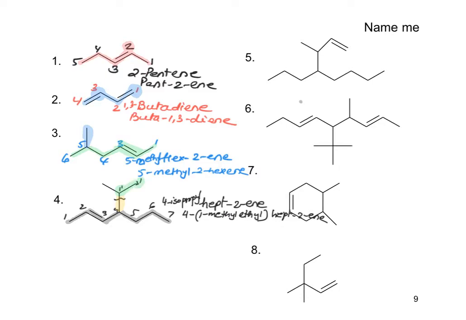So 2' became the longest chain, and since position 1 has a methyl, I called it the 1-methylethyl. Recall, this is the complex substituent name, the 1-methylethyl. So you could also name it 4-(1-methylethyl)hept-2-ene, and that's okay.